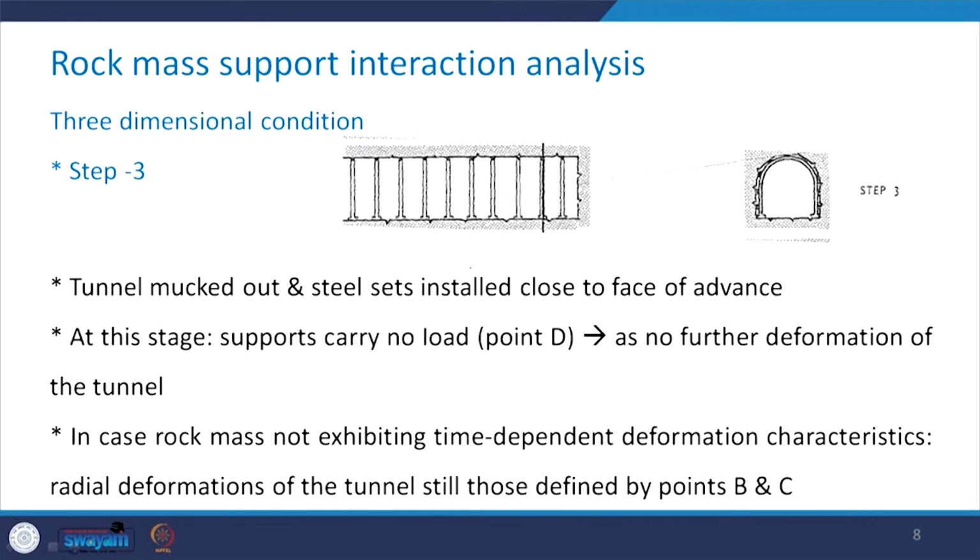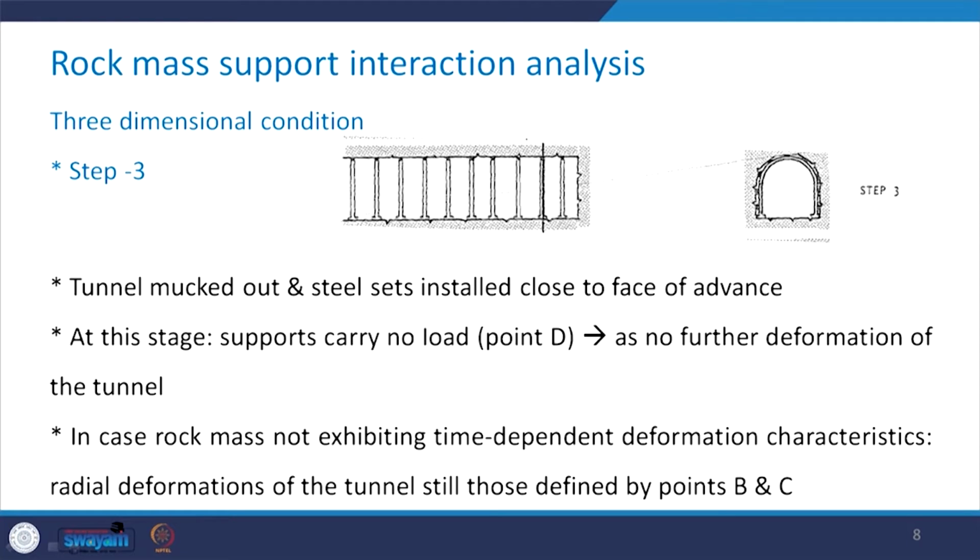Now, come to step 3, where the tunnel has not been advanced further from step 2, but what has been done is that whatever was advanced up to step 2, the support systems have been provided.